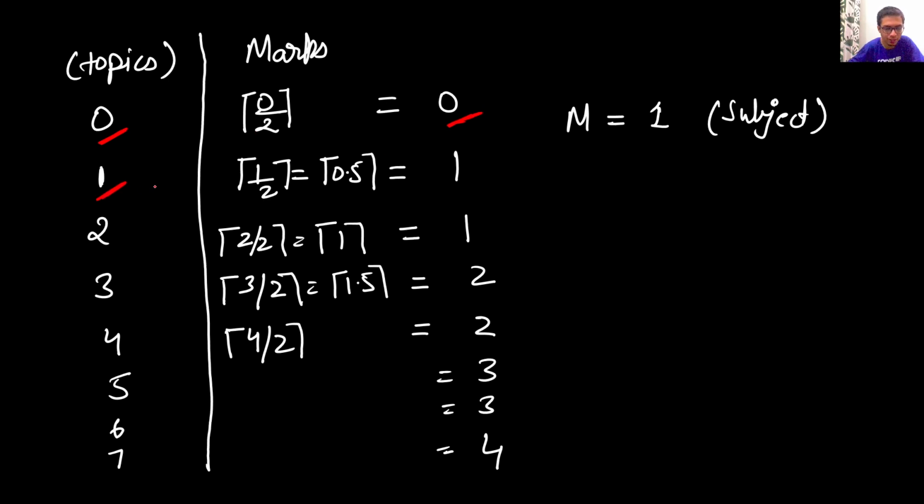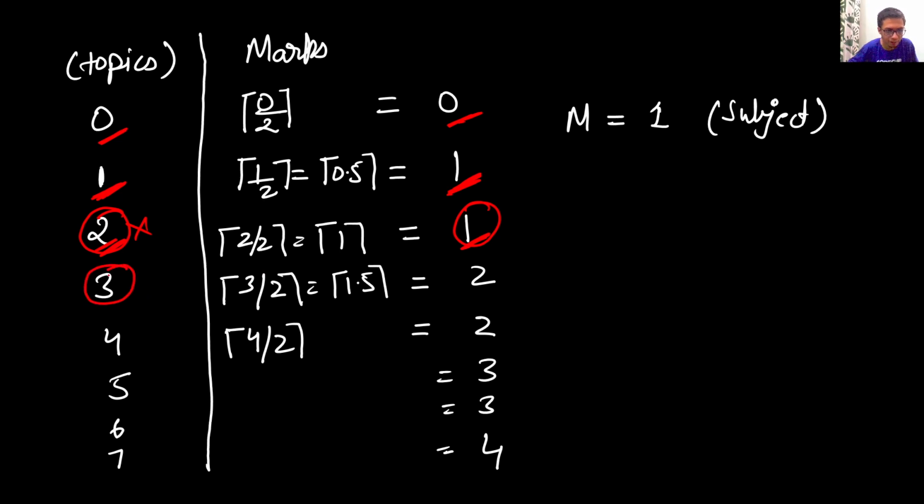If topics are 1, then my marks would now be 1, because the upper bound of 1 by 2, which is 0.5, is 1. If topics are 2, then my marks is still 1. So even if I study more topics, my marks is still the same, so there's no point in studying this topic 2. We can study just one topic to get the exact same marks.